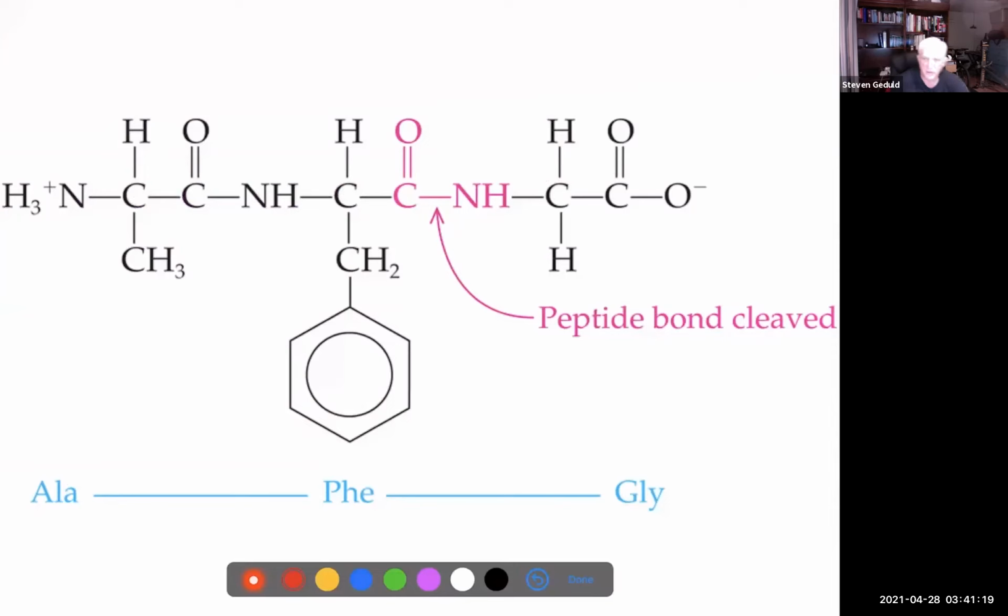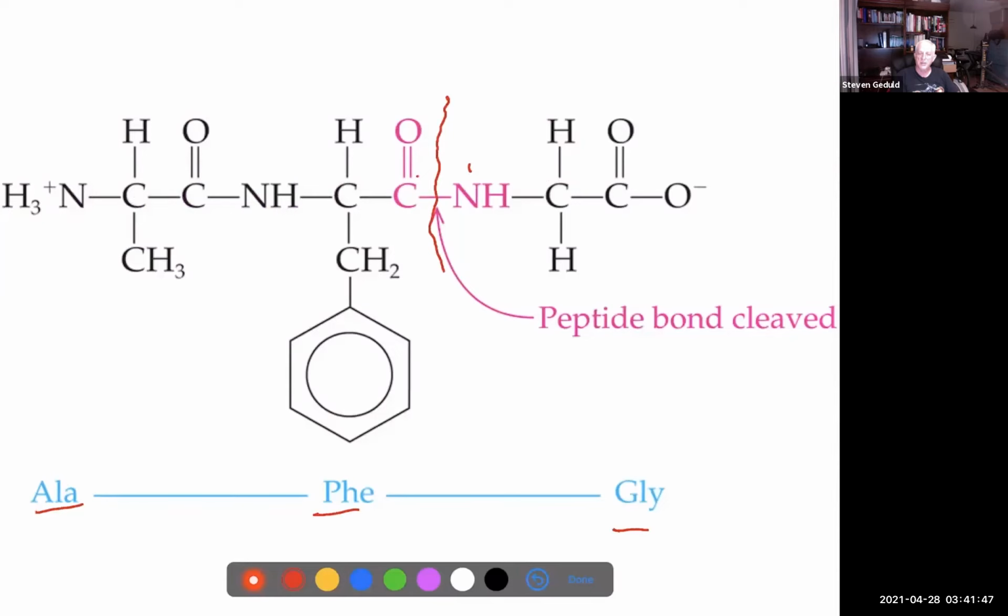Here's your peptide bond. There's bonds between the carbon and the nitrogen, and it's going to cleave at the carbonyl end of the carbon bond. So this is alanine, phenylalanine, and glycine put together. Remember your amino acids, and these are your bonds between them. Different enzymes are going to cleave at different places along that polypeptide chain.